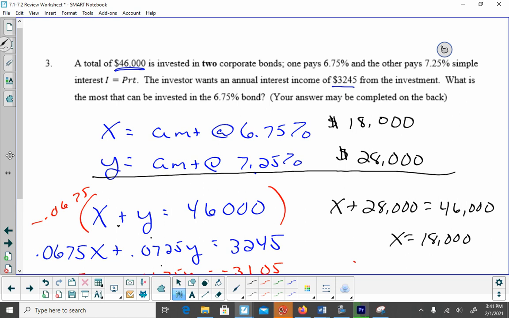This just tells me if I invest 18,000 at 6.75% and 28,000 at 7.25%, I'm going to make $3,245. If I want to make more money, I'm going to have to invest more at the higher interest rate. I hope I didn't confuse you, but that's how I do it.